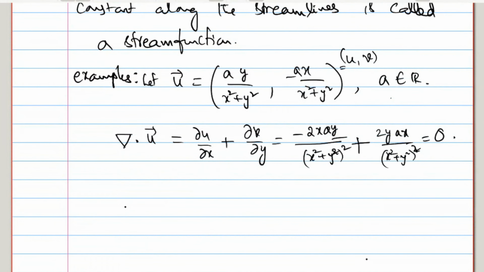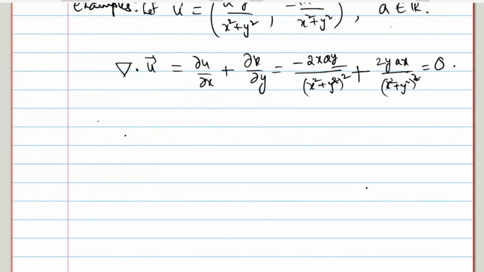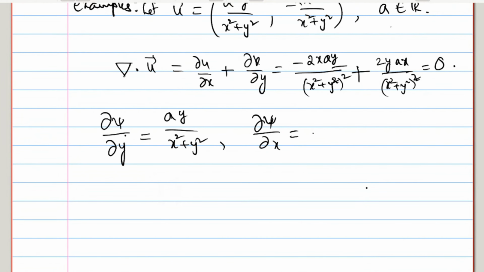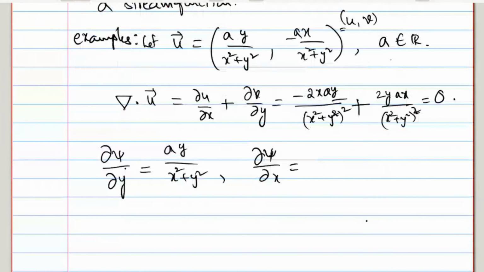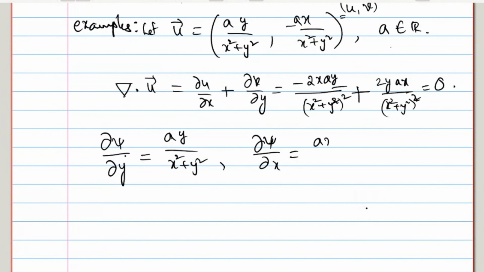So the stream function must satisfy the following. We want to find the stream function: ∂psi/∂y equals u, that is ay/(x² + y²), and ∂psi/∂x equals minus v, which becomes plus ax/(x² + y²).